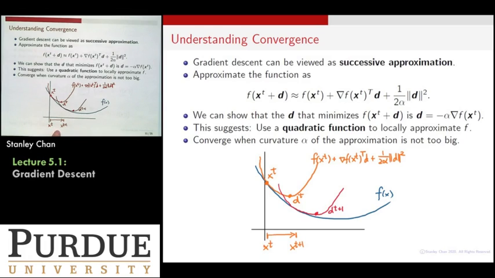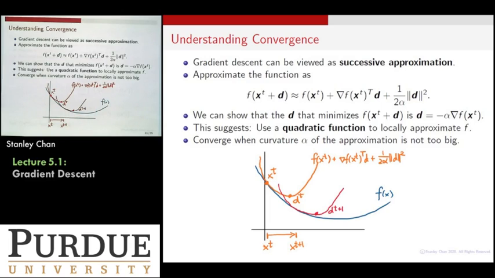Okay, so let me explain. So currently you're at x of t, and then you solve this approximation, you find the right dt, and then you move your x of t to x of t plus 1 according to the dt. So you go there, right? So you go from x of t to x of t plus 1, and then at x of t plus 1, you write a new approximation, and then you find a new dt plus 1, and then you go there.